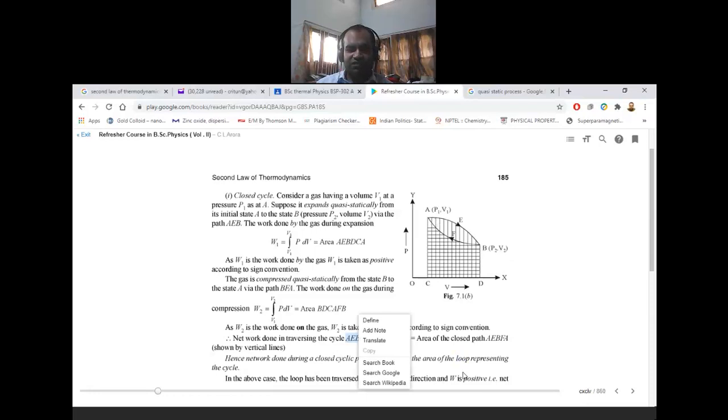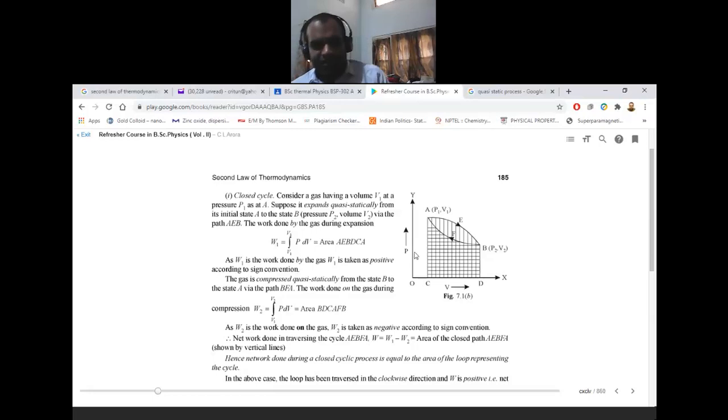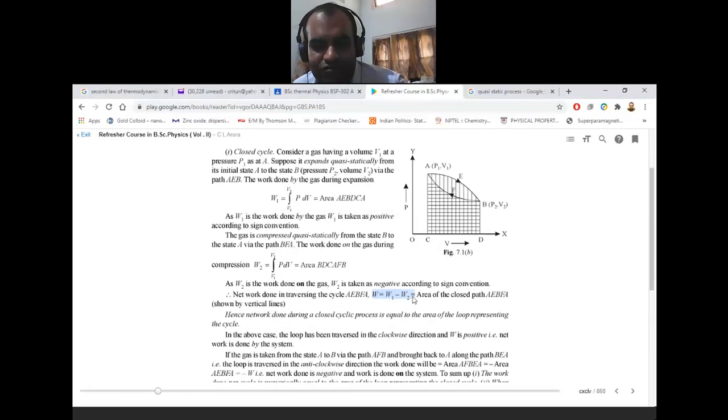AEBFA will give you the net work done in this cyclic process. What is the cyclic process? You move from A to B and you move back from B to A. So AEBFA gives you the net work done in the cyclic process.